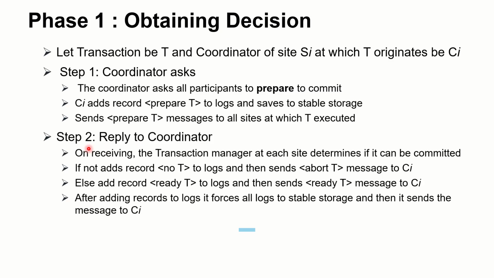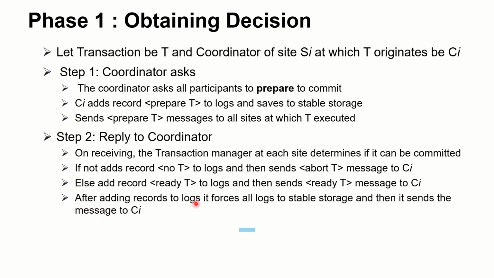After sending the message, each site receives it, and the transaction manager at that site responds to the prepare T message. If the transaction manager is unable to execute the transaction, it adds the record no T to its log and sends an abort T message to Ci. Otherwise, if the transaction can be committed, it writes ready T to its log and sends a ready T message to Ci.